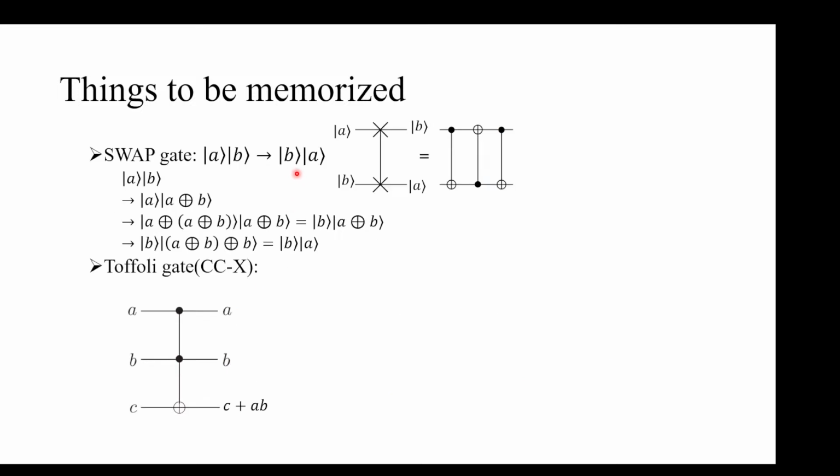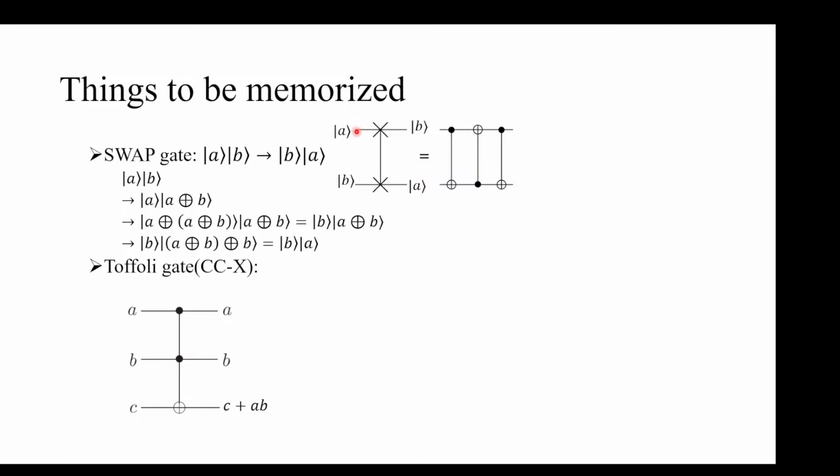And next we have the swap gate. It's written as this. So once again, it's a 2-qubit gate. So we connect them and we write a cross on both of the qubits. And what it does is swap whatever state you have on the first qubit with whatever state is on the second qubit. So if you have AB as input, the output will be BA.